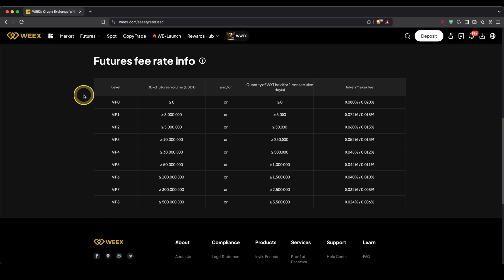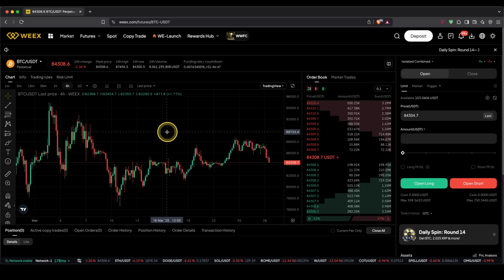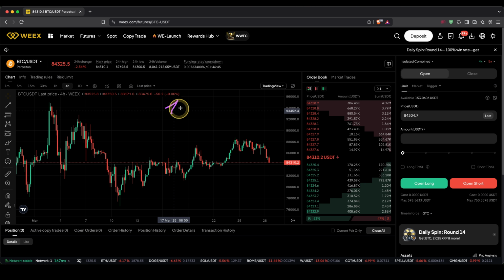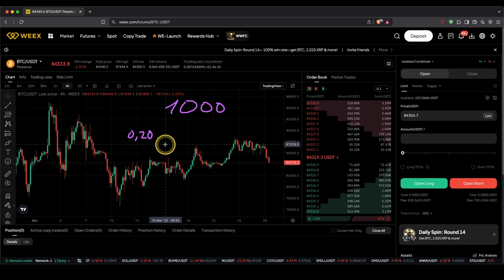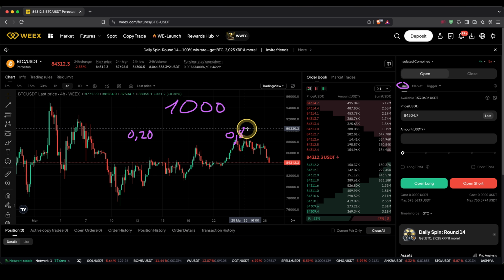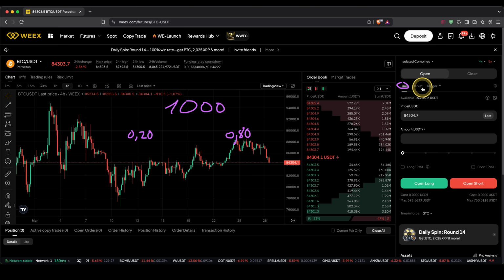However, WEEX offers different VIP levels, so depending on how much you trade over time or how much WXT token you hold, you only need to fulfill one of those requirements to reach those levels, and then you can easily decrease your fees from these standard fee rates down to much lower rates. To give you an example calculation, if you open a $1,000 position size, you would pay 20 cents of a fee when you're using a limit order, and you would pay 80 cents if you're using a market order.